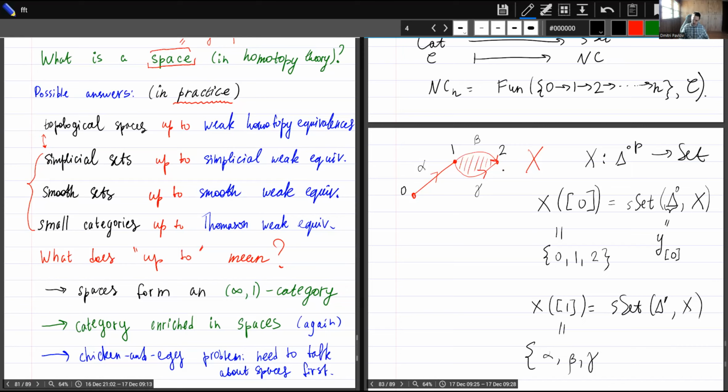These are what are called degenerate simplices. They are obtained by taking a vertex and degenerating it to a map from a one simplex to this vertex.